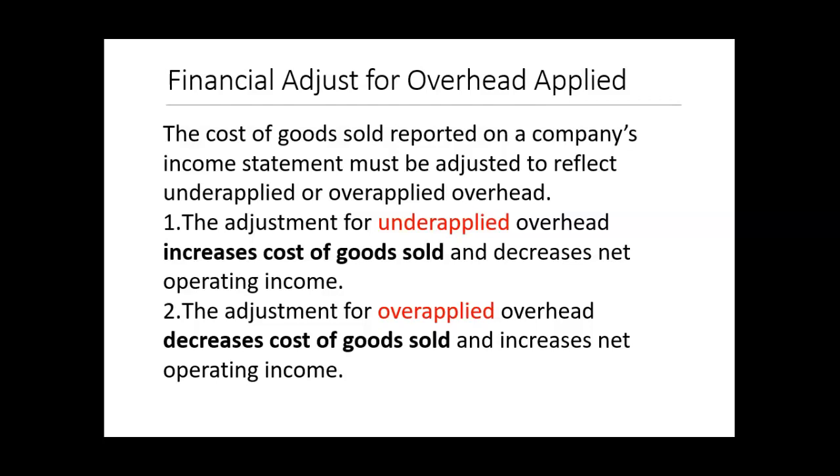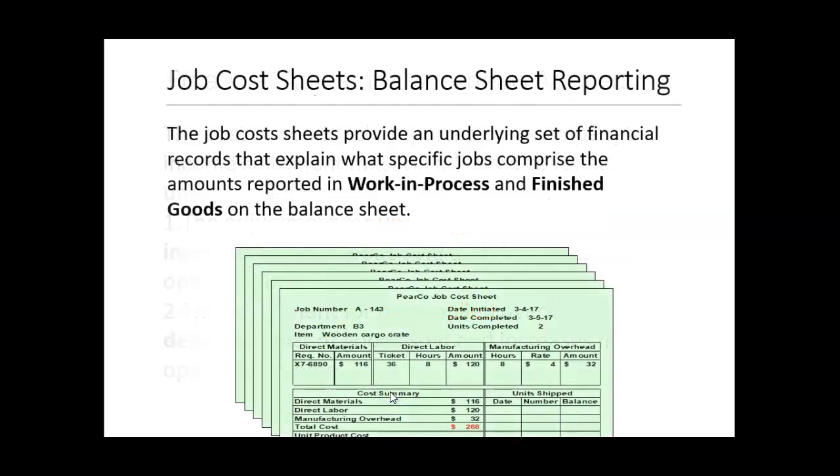So at the end of the accounting period, we make an adjustment for each job to see whether the overhead applied was under or over. And based upon whether it was under or over, the adjustment is made into an expense account known as the cost of goods sold account.